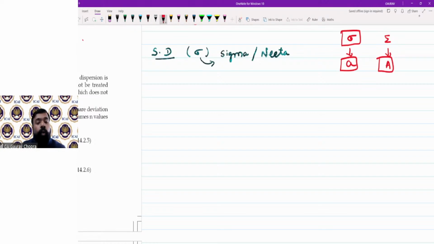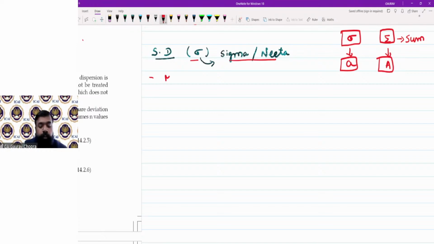The first one is small sigma, which is used for standard deviation, and the other one is capital sigma, which is used for total, or you can say sum. So capital sigma is used for sum, small sigma is used for standard deviation. So first of all, standard deviation is denoted by sigma, also known as neta.